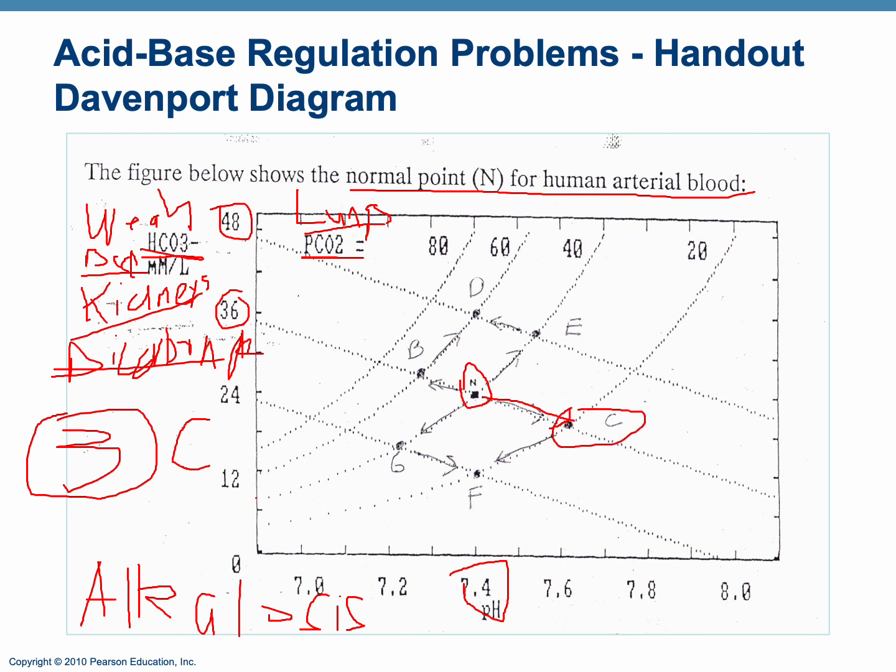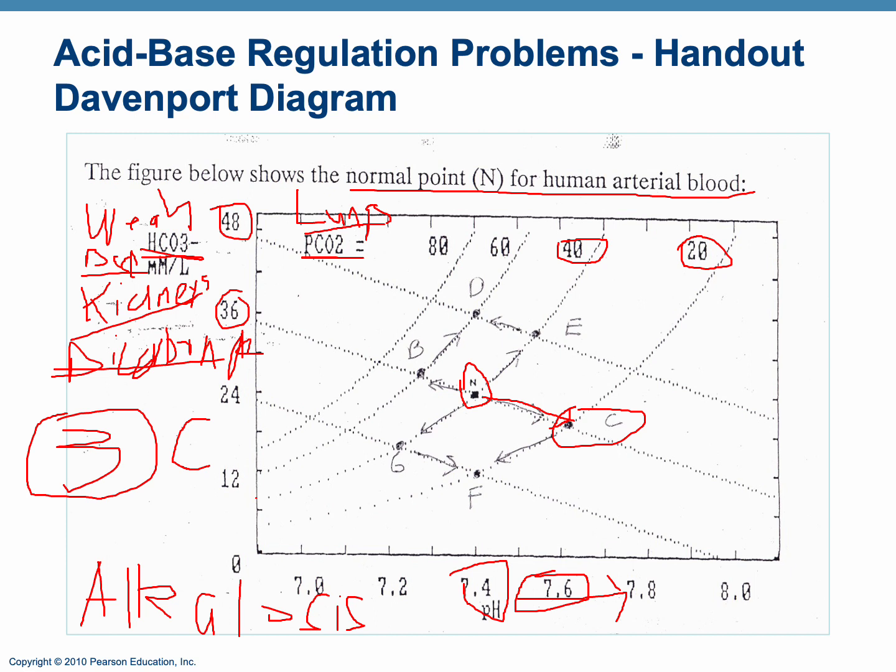And here's C. So definitely one thing, again, we're looking at alkalosis, so an increase in blood pH going to 7.6 here. But we've also had a change now in the amount of PCO2. So normally that's 40. Now it's 20. So that has dropped.